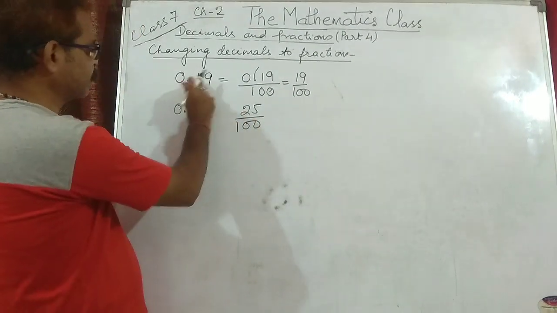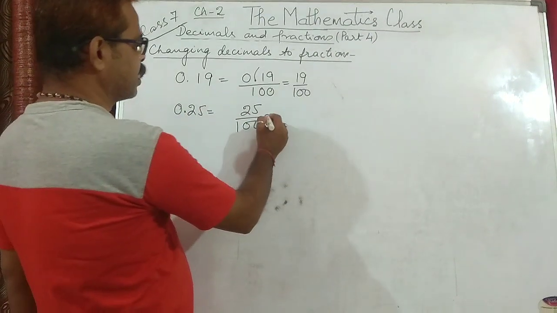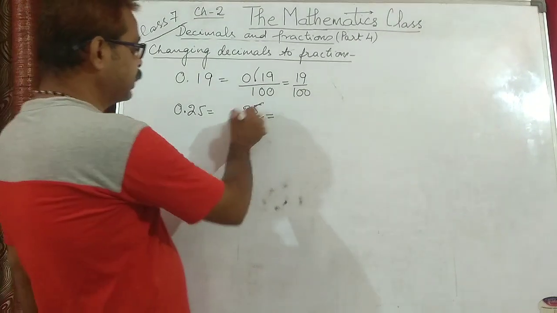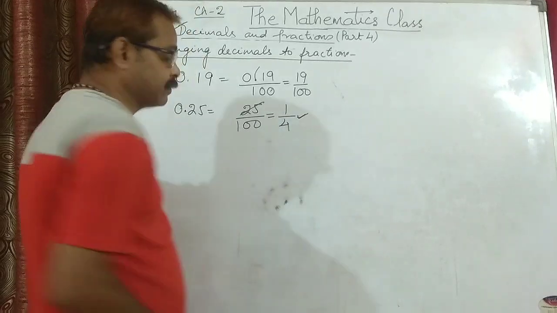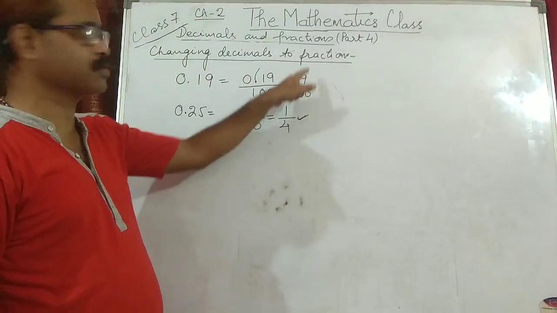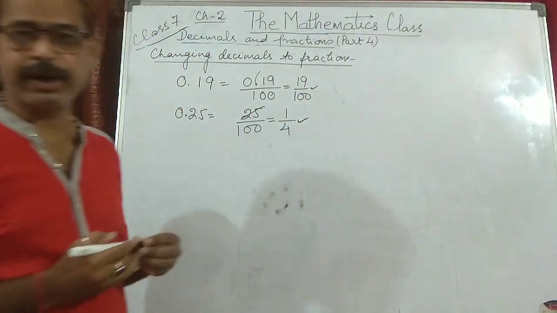We have removed the decimal and there are 2 digits after the decimal, so we add these zeros. Now you have to convert them to the lowest form. 25 ones are 25, 25 fours are 100. So this is the correct value of 0.25. But in the case of 0.19, since this was not divisible, this is the final value. I hope this is clear to you.